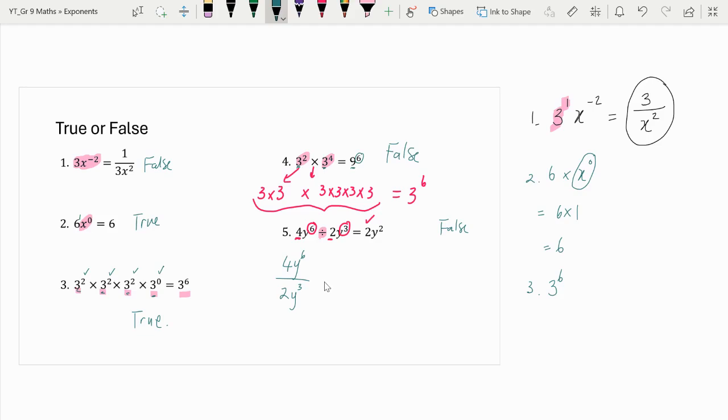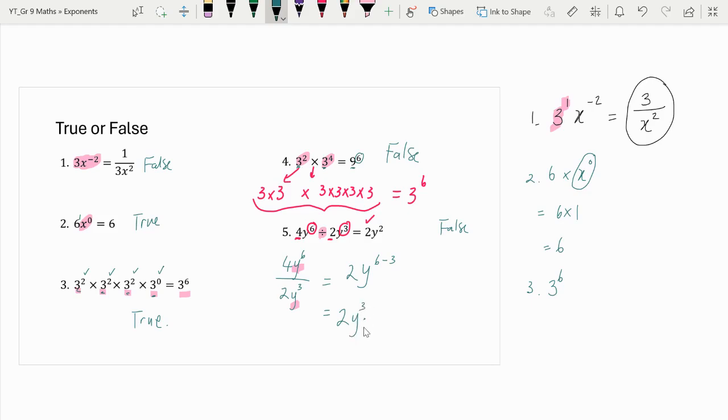It says that if we are dividing and our bases are the same, then our base stays the same and we subtract our exponents, which will be 6 minus 3, not divided. And that will give us 2y to the power of 3.